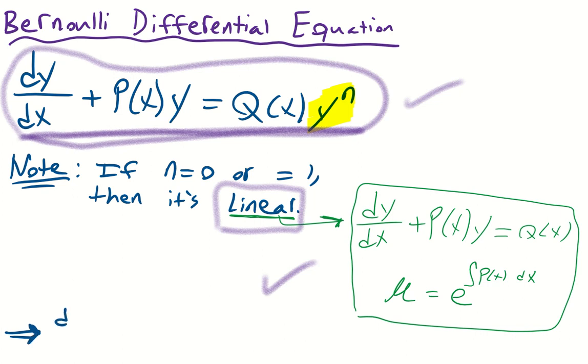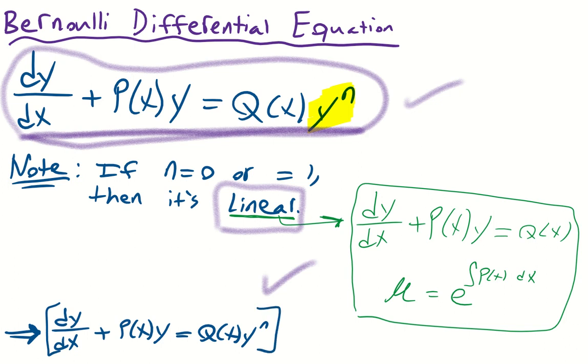we have dy/dx plus p of x times y is equal to q of x times y raised to the n power. If we're going to divide that entire equation by y raised to the n power, that's the same exact thing as saying it's multiplied by 1 over y to the n power.